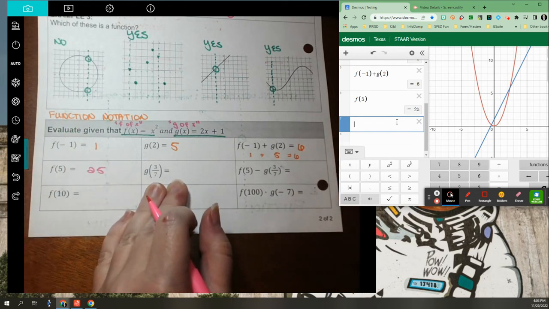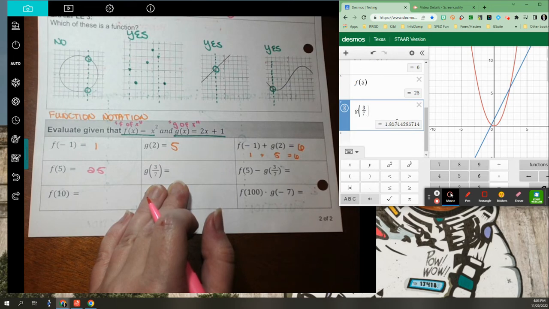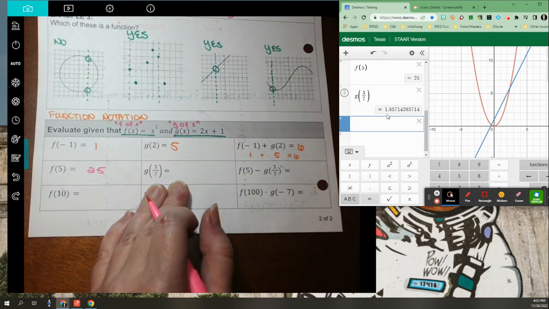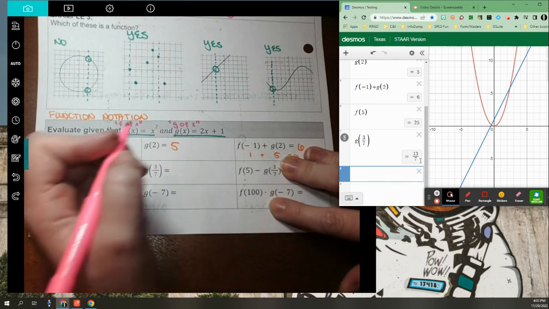Uh-oh, g of 3/7. Whew, glad I'm not having to do this math. Remember, when you see a fraction, it's division. There we go. Now it gave me a decimal, and I know that Miss McNabb is going to flip her lid if I give her a decimal. So I'm going to click my fraction button, and I'm going to get 13/7.